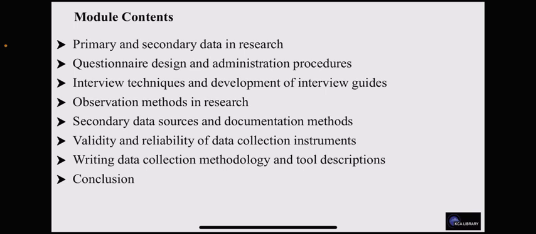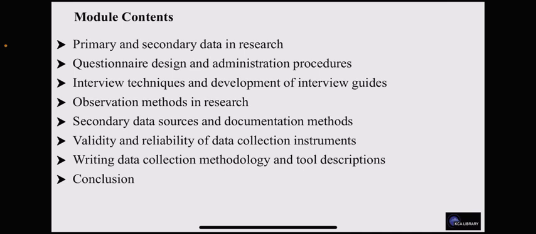So now we have the contents of the module to be, firstly, primary and secondary data in research. We justify that. After that, we move on to questionnaire design and administration procedures. After that, we move on to interview techniques and development of interview guides.